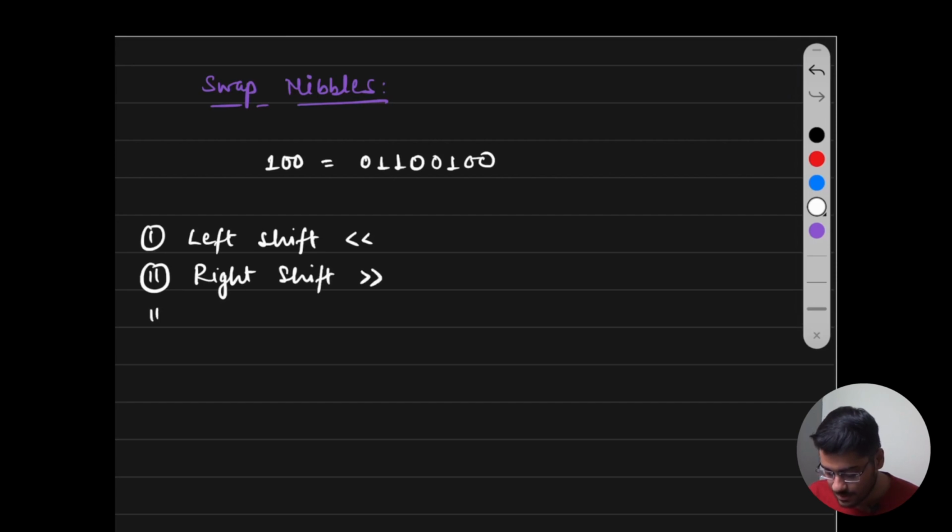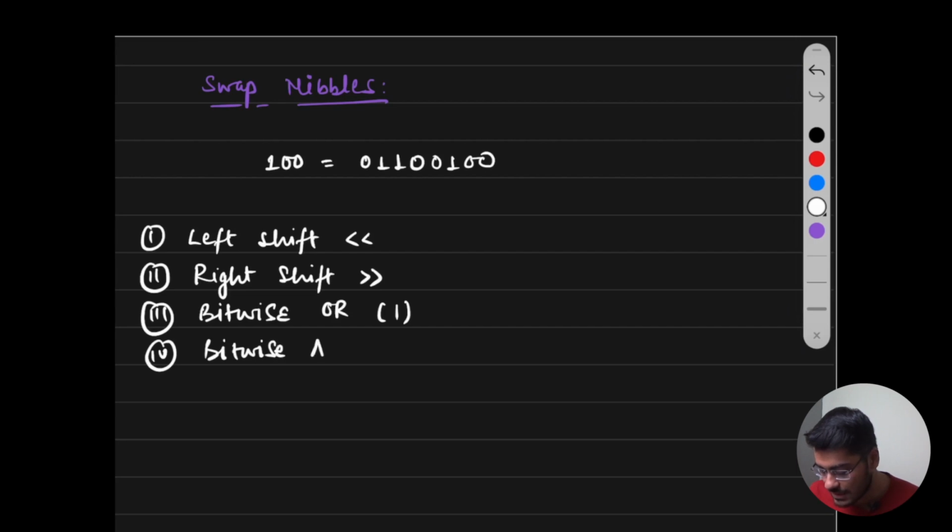After that, bitwise OR, that is represented by a single pipe, and fourth one is bitwise AND. If you have a clear understanding of these four operators, you will be able to implement and understand this solution very easily. Let's have a quick look at each of these operations.